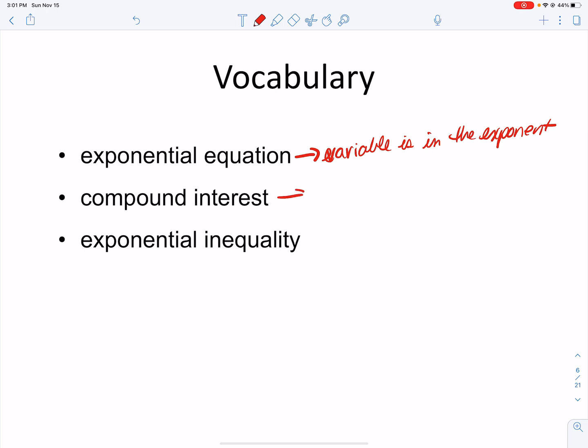Okay, compounded interest is when the interest is increased by a unit of time.